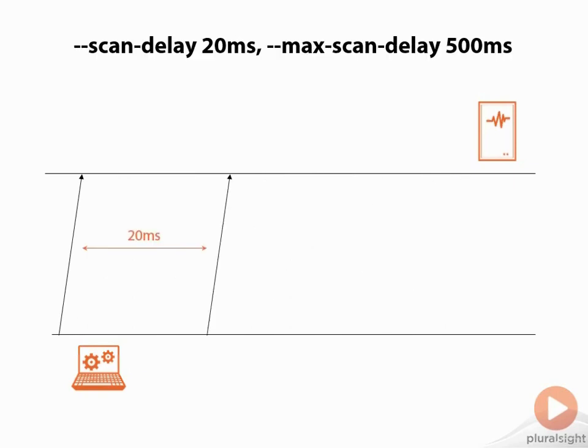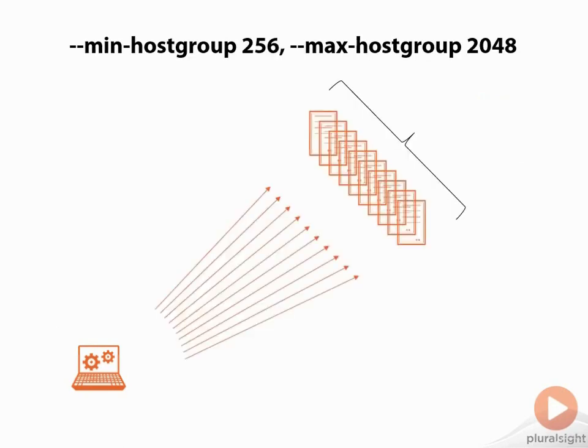Nmap pauses briefly after sending a probe before sending the next one. It does this to prevent flooding the network and losing packets for which it will have to retransmit. How long Nmap pauses is controlled through these two options. Nmap scans a group of hosts in parallel and uses these two host group settings to control the size of the groups. One place where you can see the effect of these options is in Nmap's screen output.